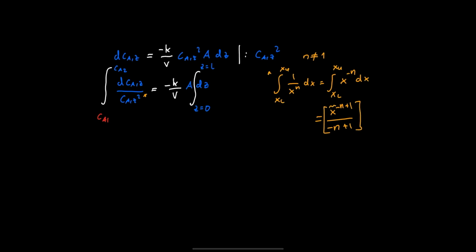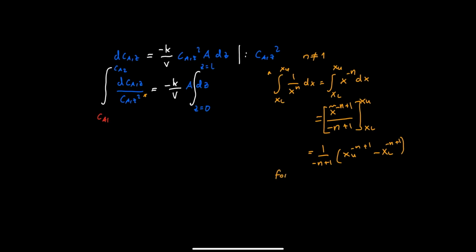For x, we would have our upper and lower boundary, and this would be equal to 1 divided by negative n plus 1 times x upper limit elevated negative n plus 1 minus x lower limit elevated negative n plus 1.